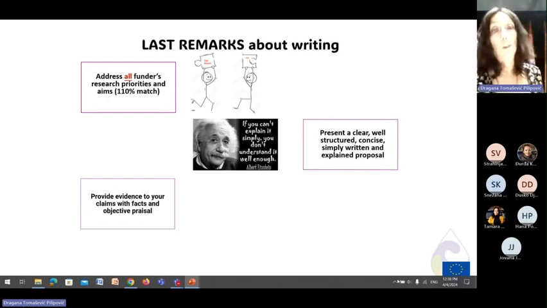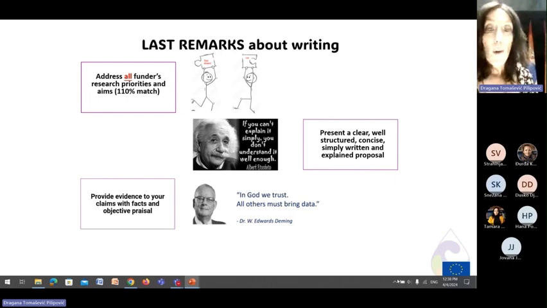Provide evidence of your claims with facts and figures. As much as possible, indicate things with numbers, facts and figures. So don't expect the evaluators to trust you. They trust God, but you are not God. So you have to bring something for the evaluators to be convinced that you are doing what you say you are doing.